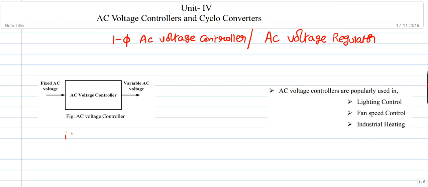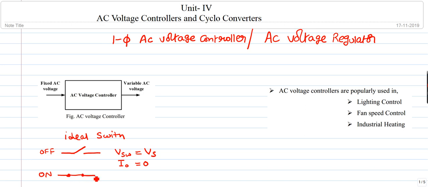So when the ideal switch is in off condition, that ideal switch is replaced with open circuit. Switch voltage will be Vs, switch current will be 0. Similarly, when the ideal switch is in on condition, that will be replaced with short circuit.